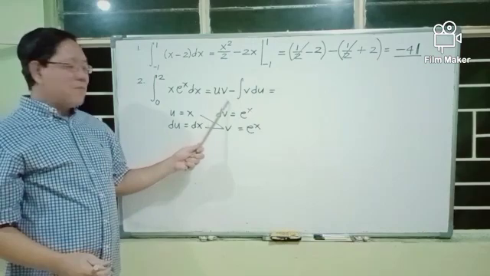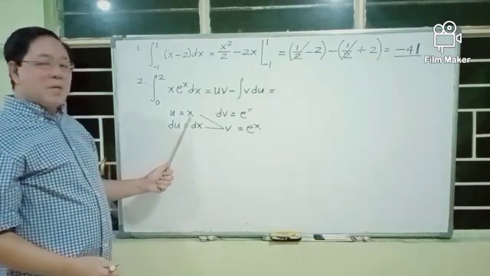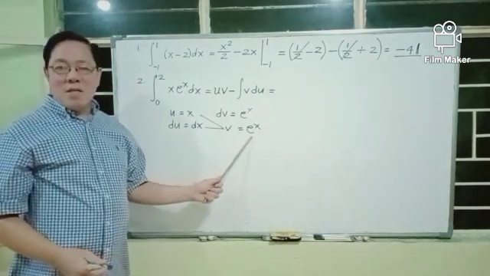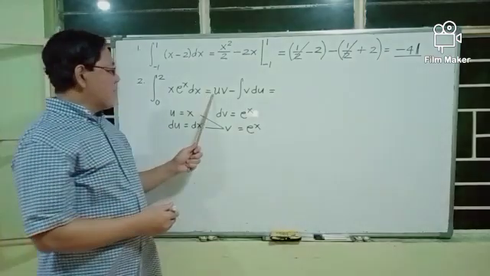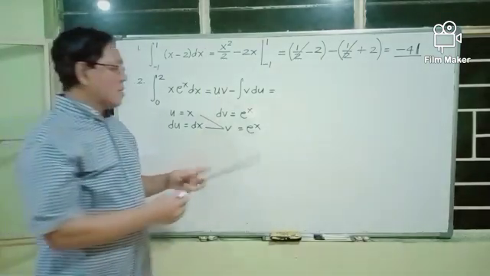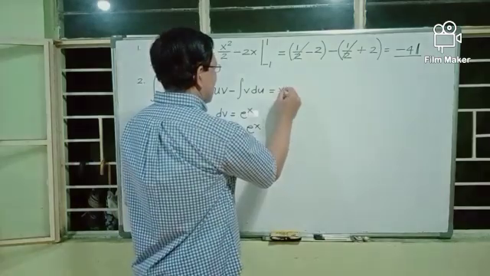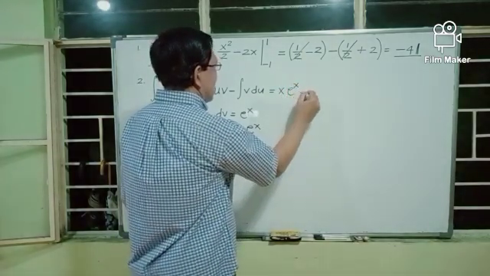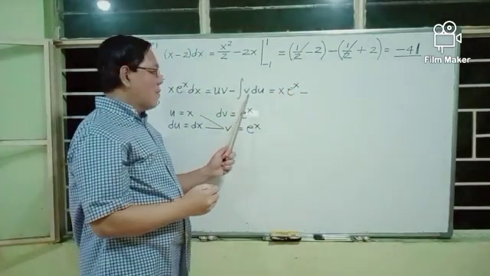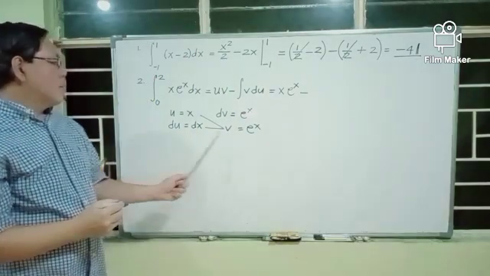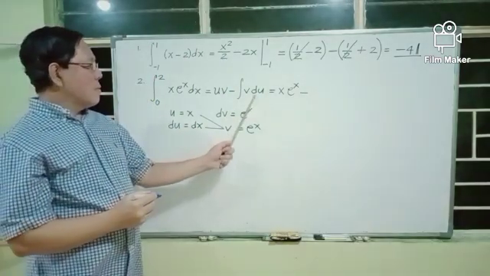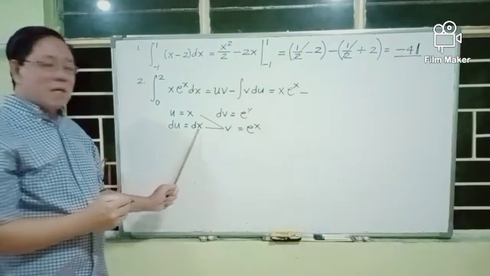We replace u and v with their values. U is x and v is e to the x. So the first term is x times e to the x. Minus the integral of v, e to the x, du is dx.